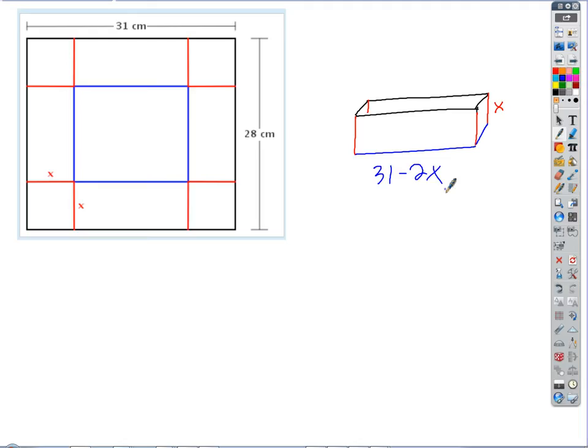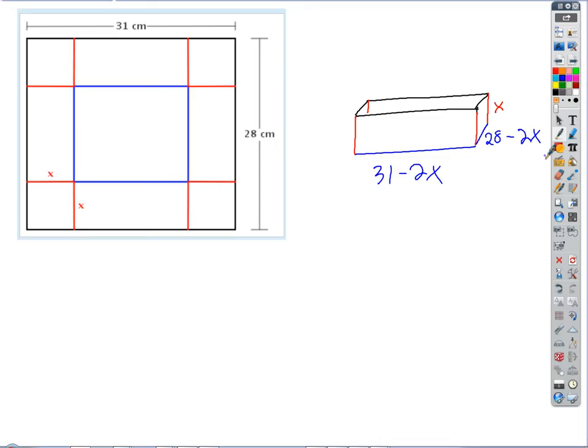Well, we don't know for sure because we don't know what x is, but it's going to be x, isn't it? Whatever x is, I'm going to lose that much and that much down there. So 28 minus 2x. Yeah. So those are the dimensions of my box, aren't they? Right?